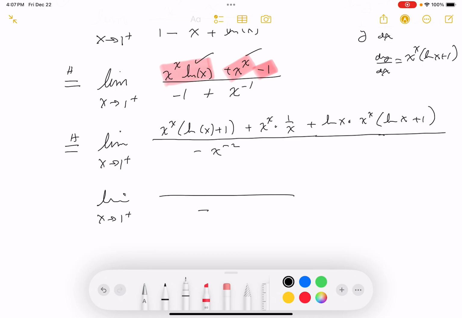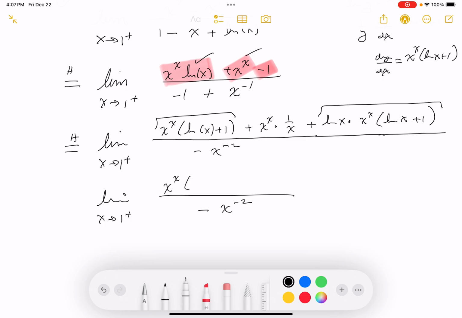The bottom, there's not much I can do about that. That's all that is over here. And kind of looking at it, I'm going to try to take these two things here and bring them together. Is that worthwhile, though? Well, I get x to the x, right?